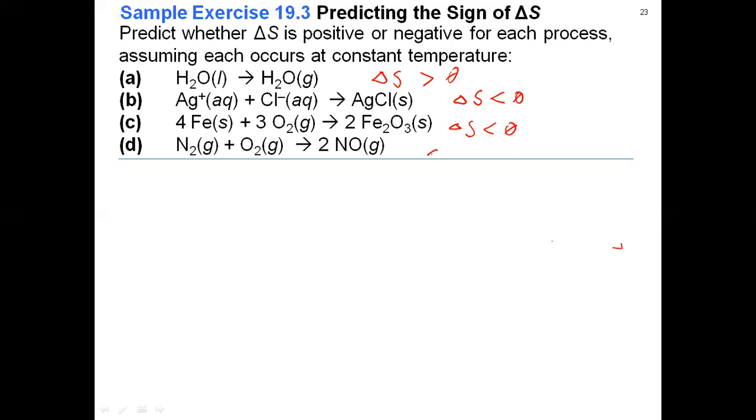Very good. So then this last question, delta S. In this chemical reaction, you have one N2 and one O2 that make two NO. So what will happen to the delta S? Is it 0? Yeah, very close to 0.